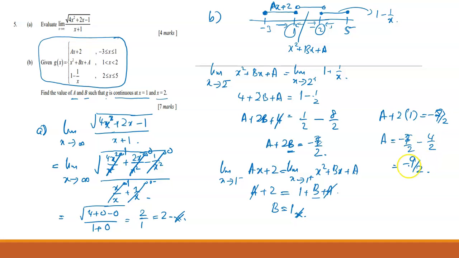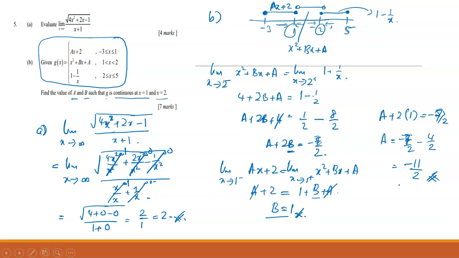So 7 minus 4 equal to, supposedly, negative 11 over 2. Sorry then, it's a 7 here. Okay, so that's it. b equal to 1 and a equal to negative 11 over 2.